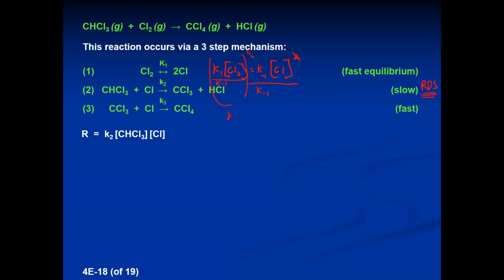So I end up with K1 times Cl2 to the 1/2 over K-1 to the 1/2 equals Cl. Again, I'm trying to substitute the Cl here.